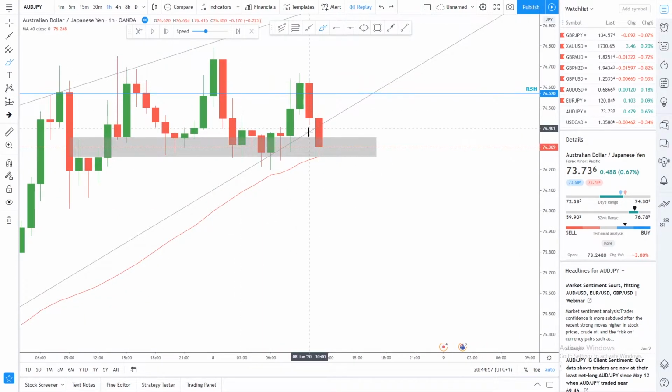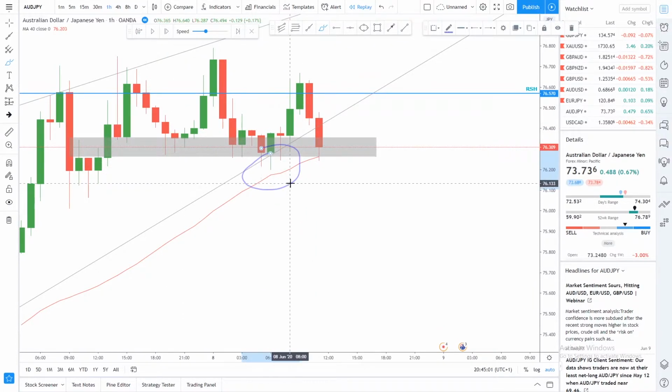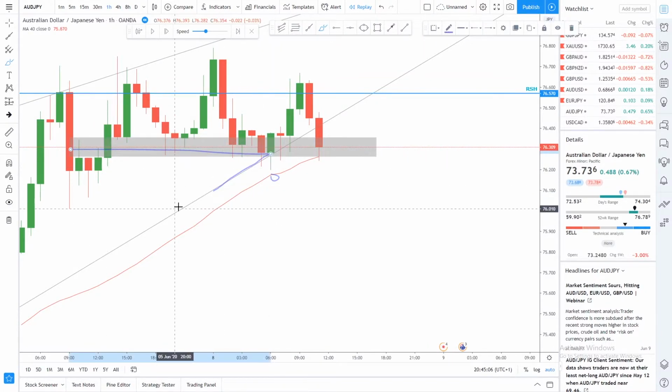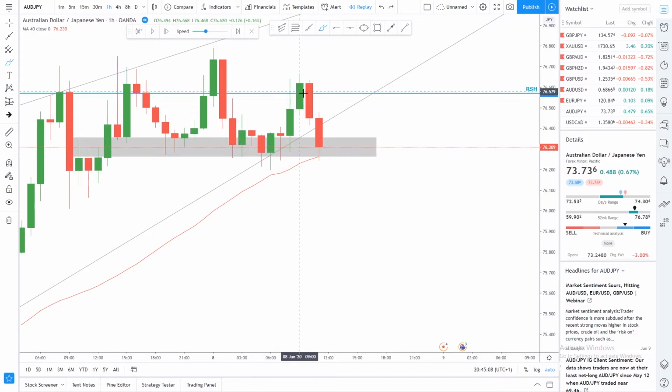Price had to make some space between the supports and the 40 MA, as this level was way too strong. You had the 40 MA, you had the trend line, and you had the supports, so it just had to come away, and then eventually break the trend line.